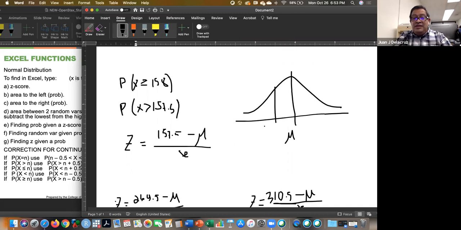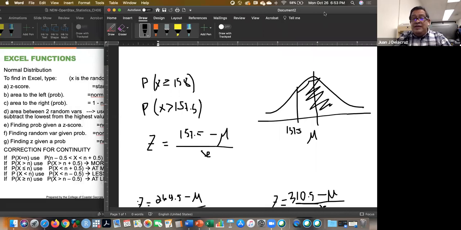So this is 157.5, right? I'm going to compute the area to the right. So I find those values, I find the Z-score, and then I find the value that corresponds to the area to the right.